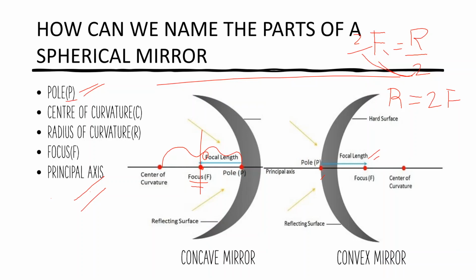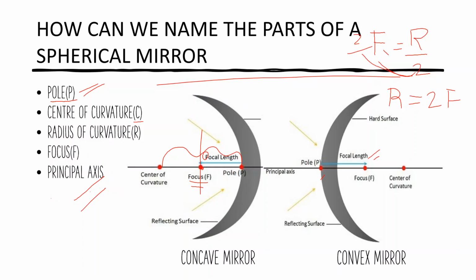Remember, reflecting surface, not sphere. If it comes to the sphere, that is called the center of curvature. Okay, the third definition: the distance between the center of curvature and the pole of the mirror is called the radius of curvature.